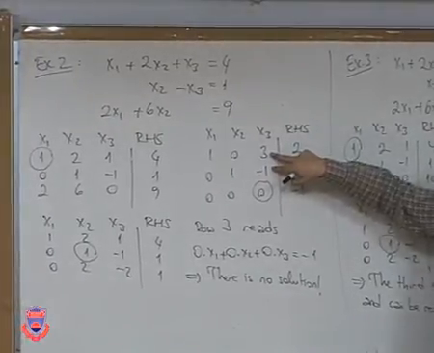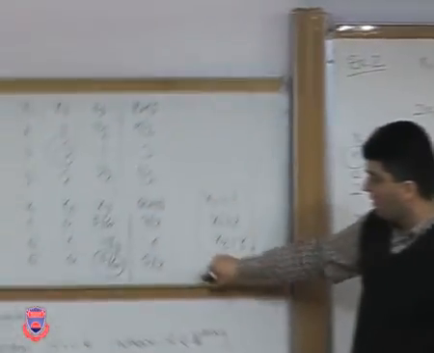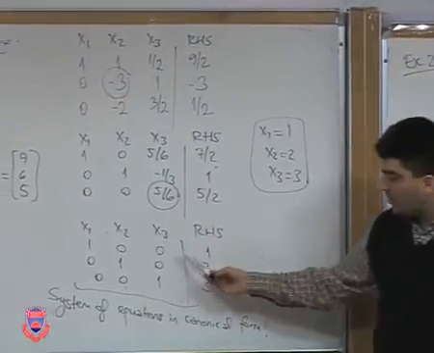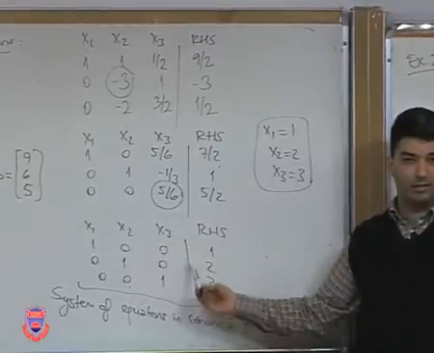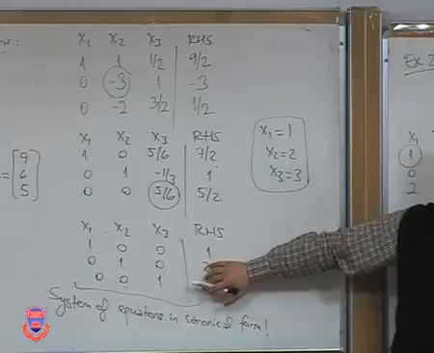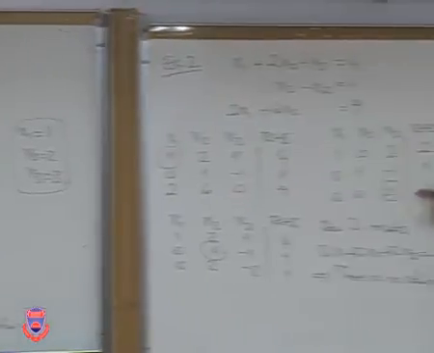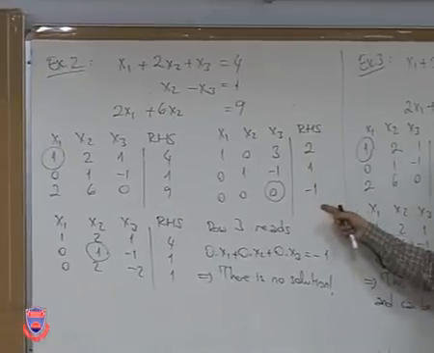On the other hand, if I go back to this example, here I also have 3 equations, but the rank of this matrix is equal to 3. Which means that regardless of what the right-hand side value is, there's always going to be a solution here. Whereas right here, in order for this system to have a solution, the right-hand side of the third component should be equal to 0.